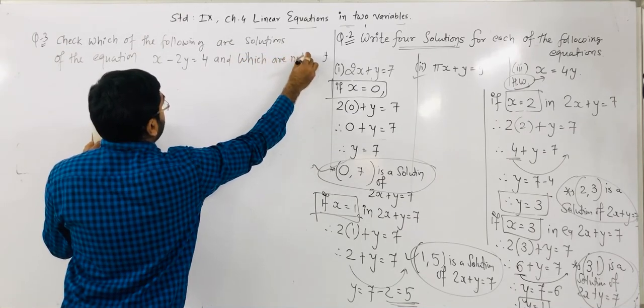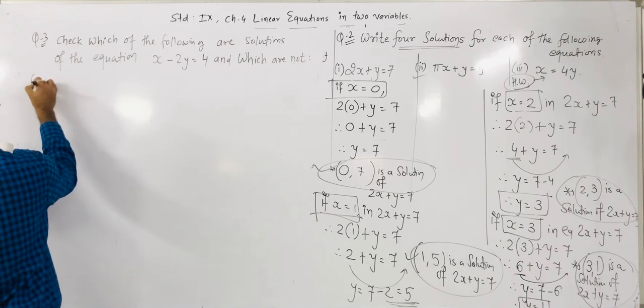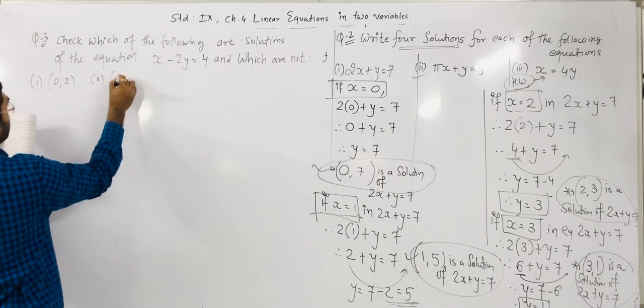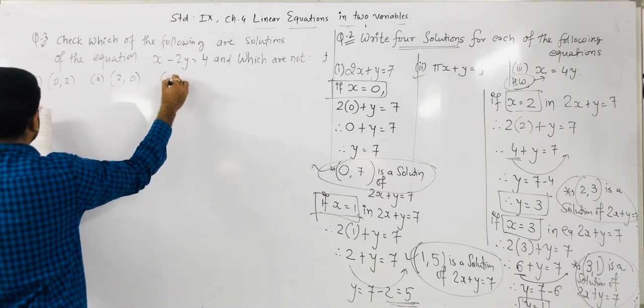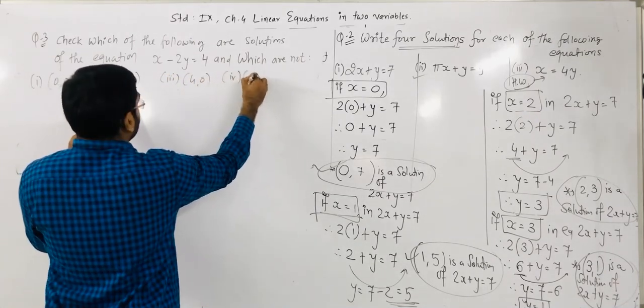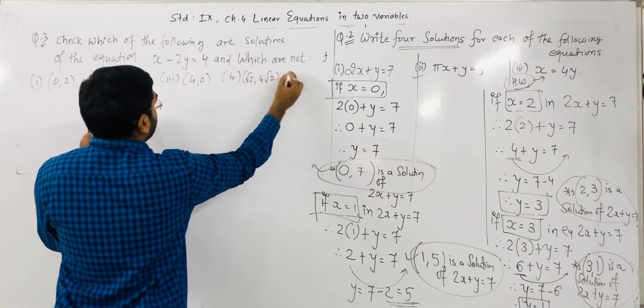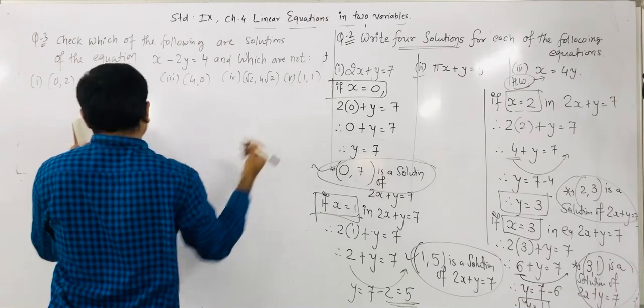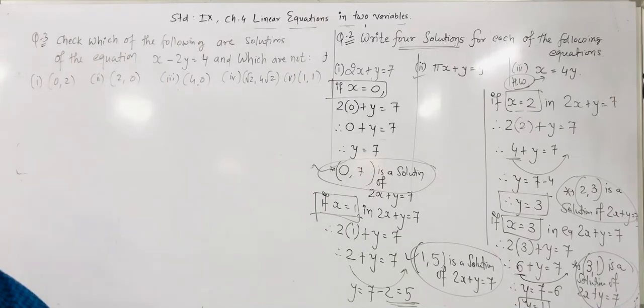Which are solutions and which are not, that we have to decide. First is given 0, 2. Second one is given 2, 0. Third one is given 4, 0. Fourth one is given root 2, 4 root 2. And fifth is given 1, 1.